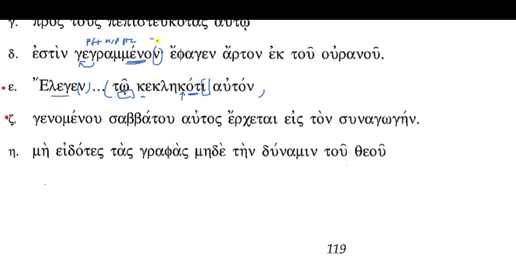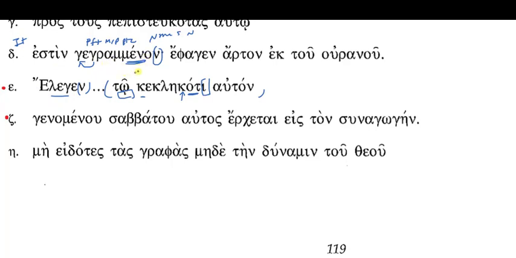So if there's a nu, but it's nominative, it's got to be what gender? Neuter. That's right. It's nominative, singular, neuter. All right? Which would make me want to make the subject it instead of he. So it is gegramenon, written.